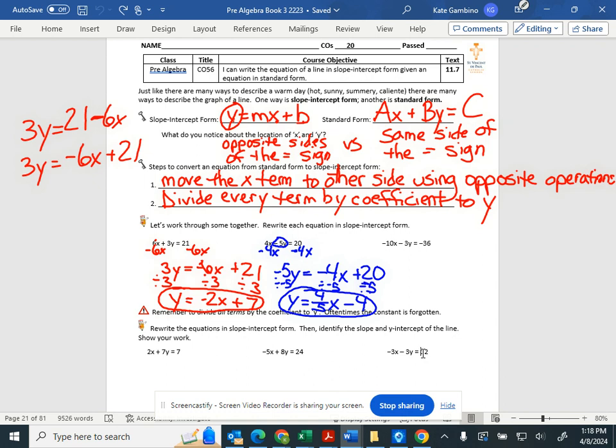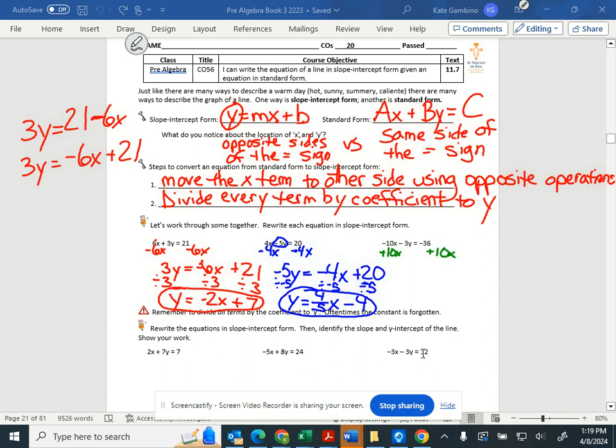Let's look at this last one. Who can walk me through what my steps are? Lauren. You're going to add 10x instead of negative 10x. Plus 10x. Don't forget the x.